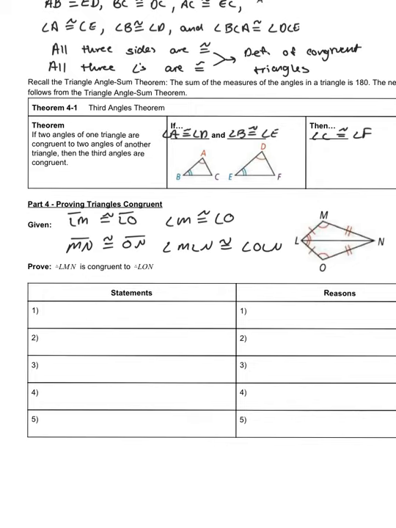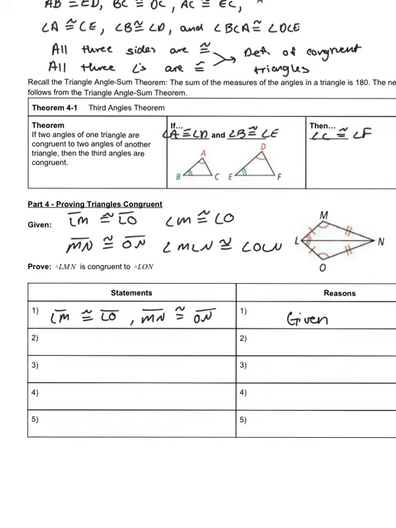All right, so let's start with the line segments. LM is congruent to LO, and MN is congruent to ON. All right, and that is given to us. Now, we know that two of the line segments are congruent.